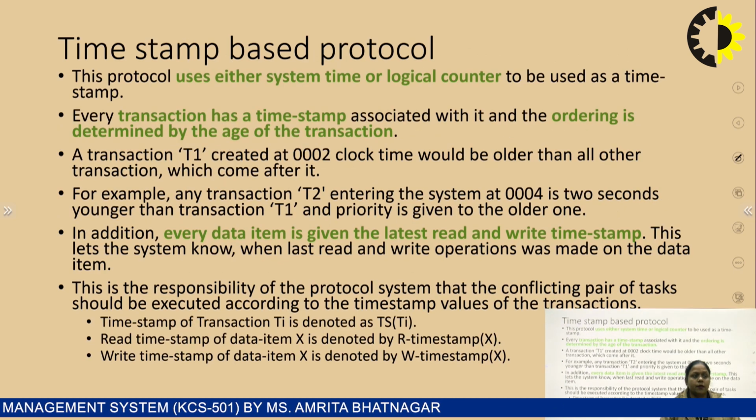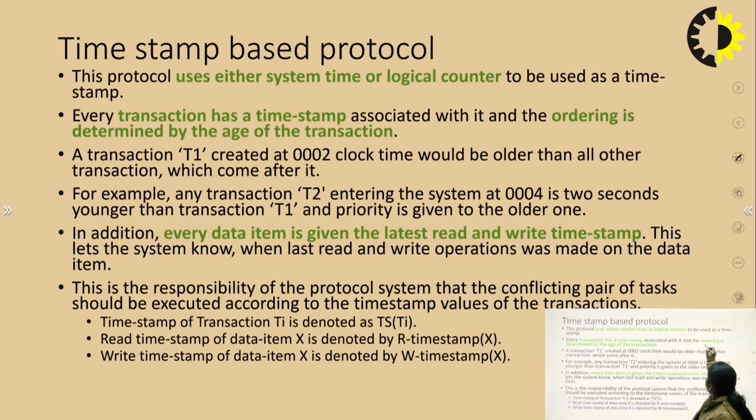Now, the next type of protocol is the timestamp based protocol. Here we are using time for a particular transaction. For example, the first transaction is T1 and it comes to execute at 3 o'clock, for example.